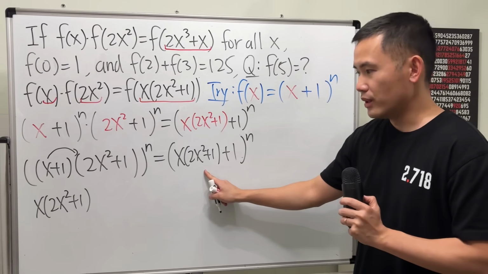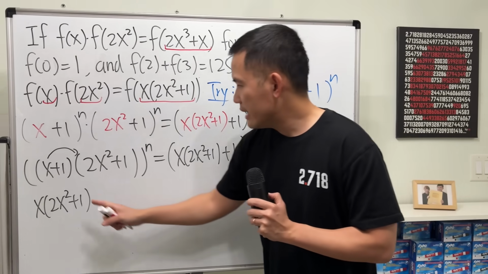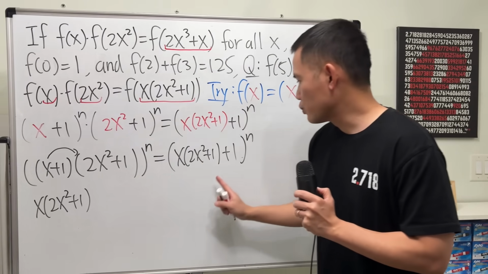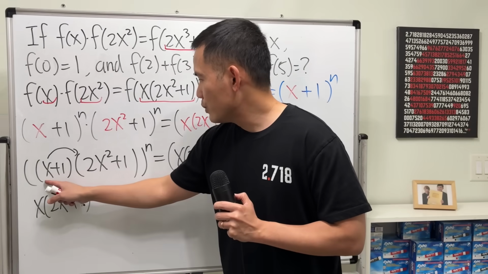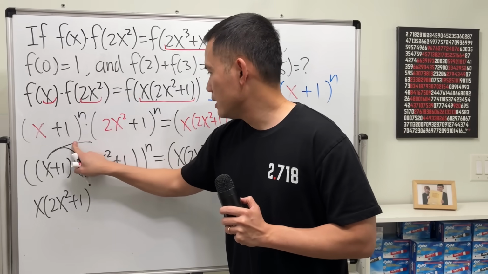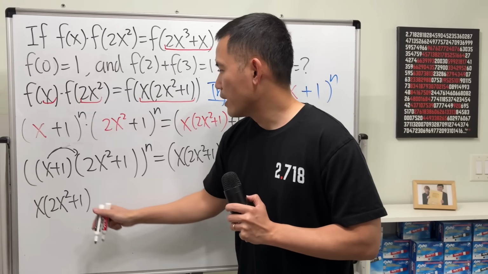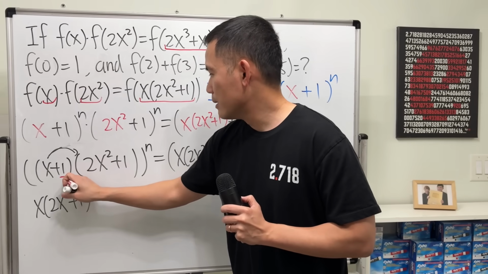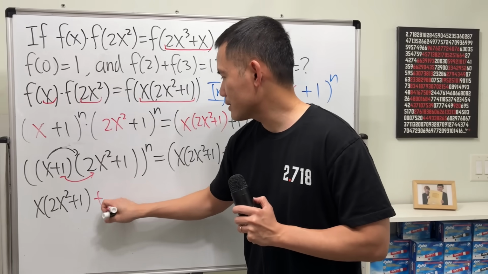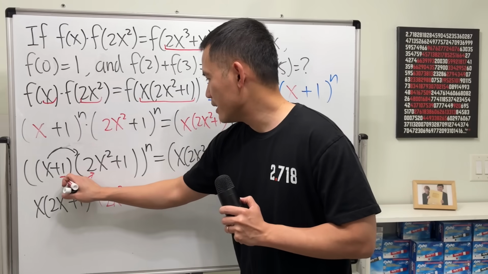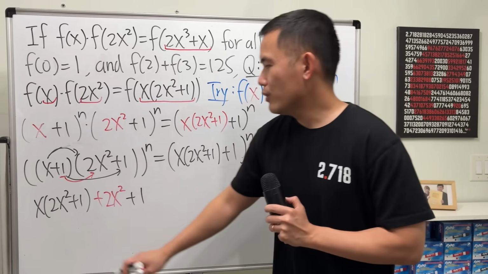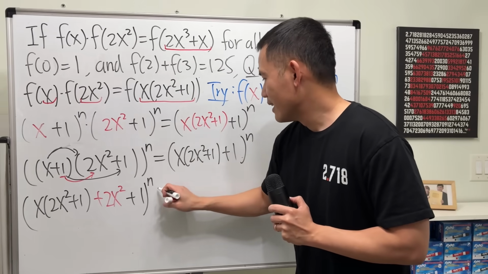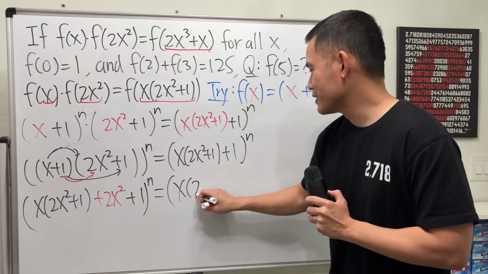That is really good, right? And then 1 times 1 would be a plus 1. That is really good. However, once we do the x times the parentheses right here, I will have to go with the 1 multiplied by this, which is plus 2x squared. And then we have that plus 1. Oh my goodness. Almost, right? Almost.